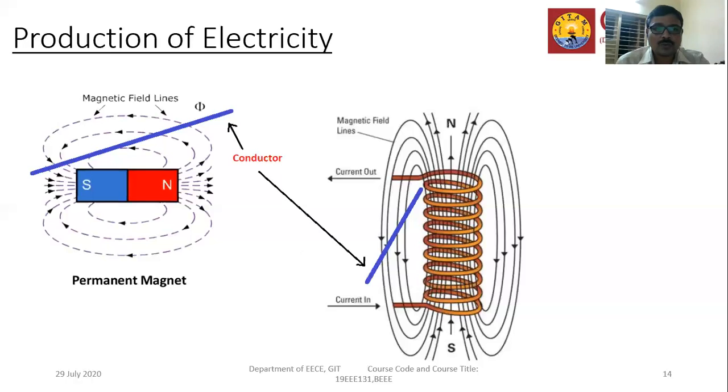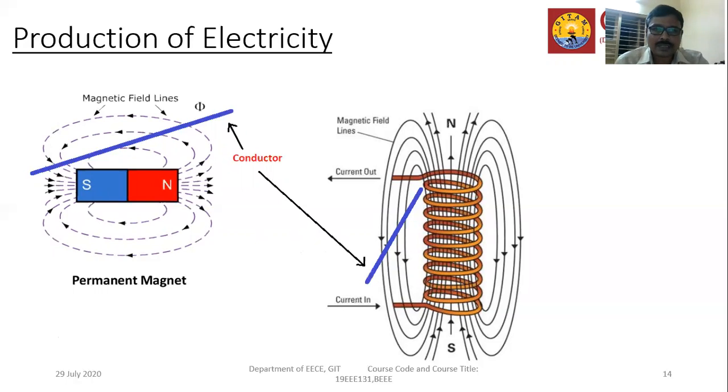So if you move the conductor in the field of this permanent magnet, you can have a change of flux linking that conductor, or by moving the magnet itself, keeping the conductor stationary. Also, we can create a d phi by dt, so that we can have induced EMF in the conductor.